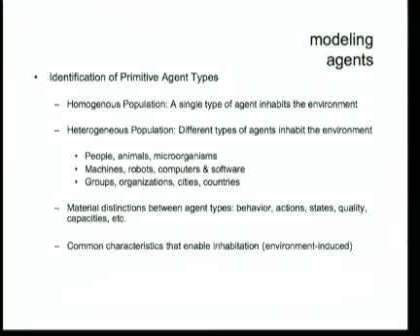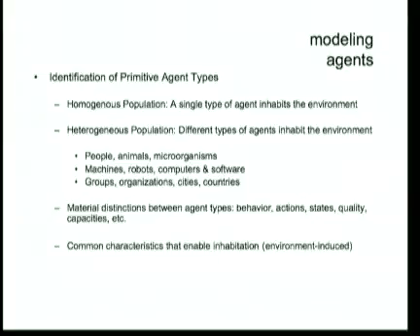So in a lot of simulations, you'll find people interacting with machines in organizations, simulations of animals and microorganisms for disease studies, robots, computers and software, organizations, cities, countries. So many different possible types of agents and at many different levels.